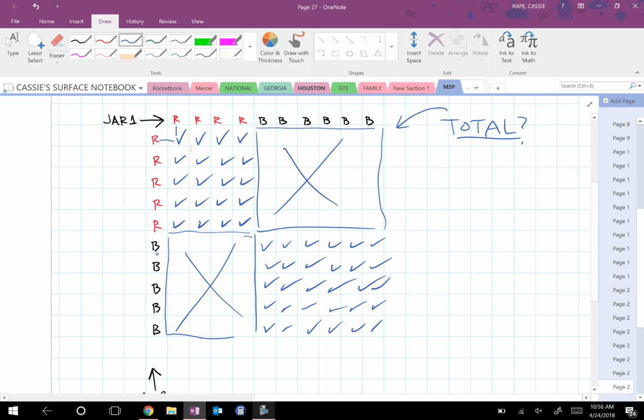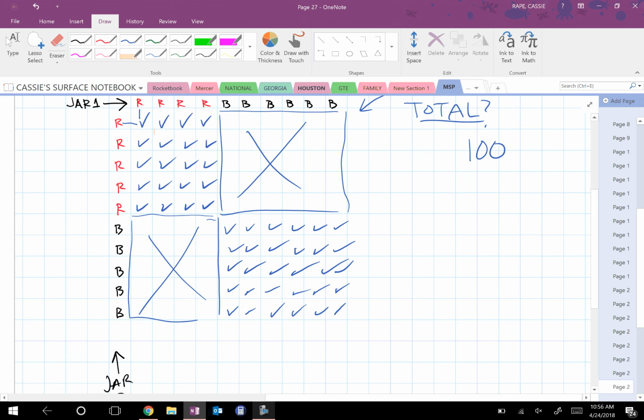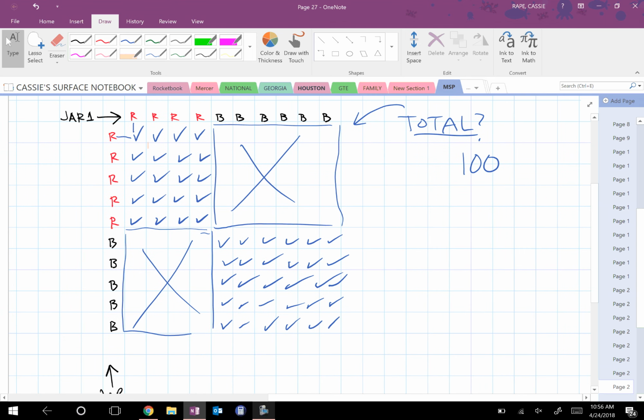The reason that it's 100 is that it's going to calculate it as if each chip had its own name. But that's okay, because it'll divide out to the simpler fraction. Now then, this is an area right here where they're the same. That is 4 times 5. That's 20 checks in there.